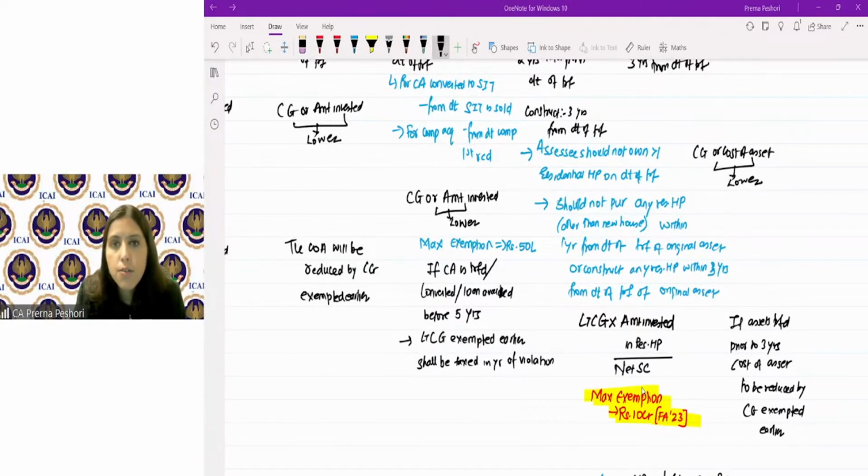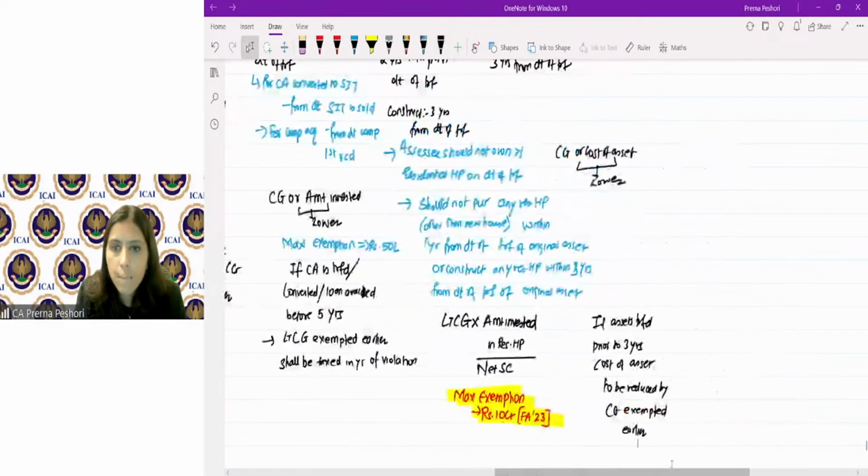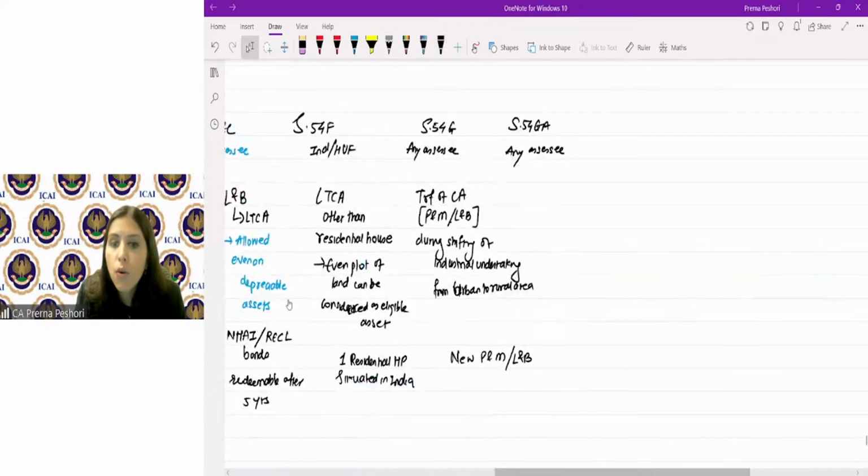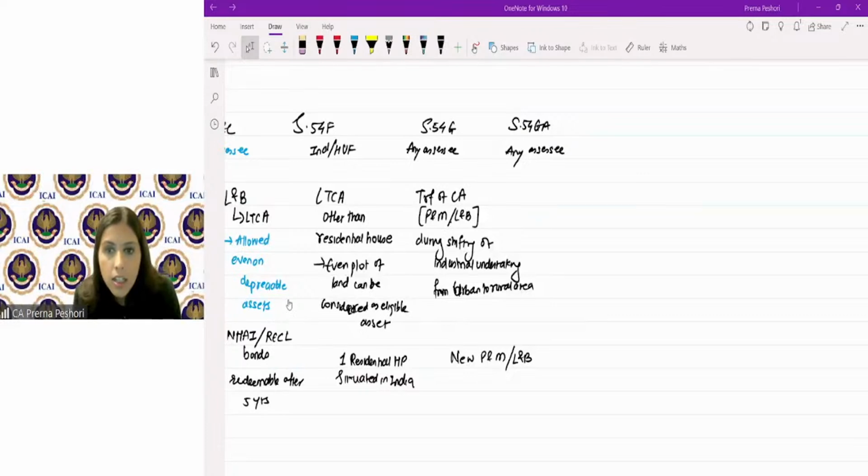Then the last one is 54GA, which is again on transfer of undertaking. So there's shifting of the industrial undertaking from urban area to an SEZ.